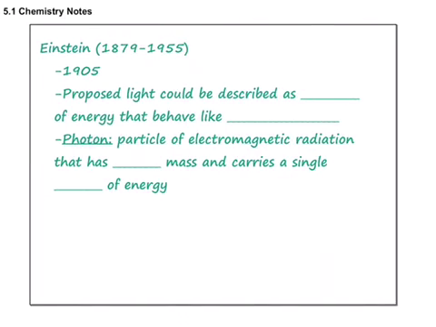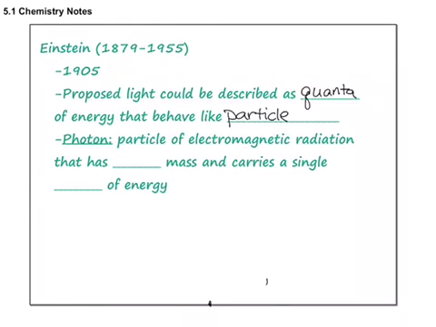So Einstein kind of liked this idea of quantum, and in 1905 he proposed that light could be described as quanta, or discrete units. And he said that the light not only was like a particle or a quanta, but it behaved like a particle and not like a wave.